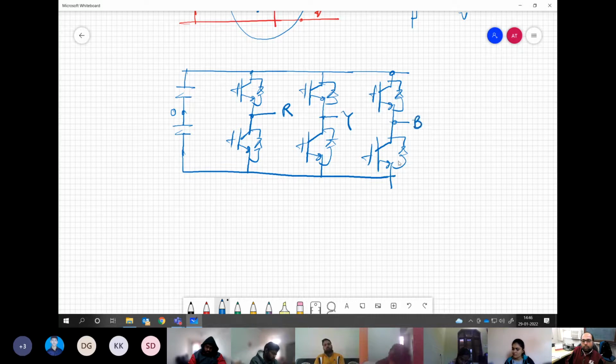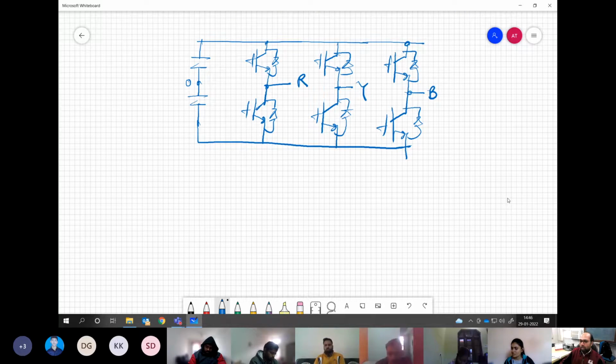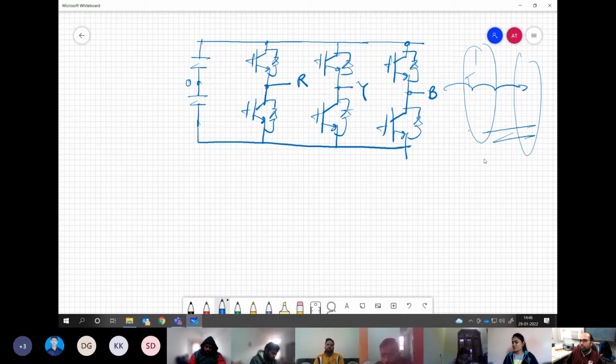Correct? Similarly, if you want more number of phases, you can keep connecting like this. Say 5 phase, so 2 more branches or 2 more legs can come over here. Understanding my point? Fine? Yes, sir. Good. So we have realized the 3-phase voltage source converter and particularly 2-level.